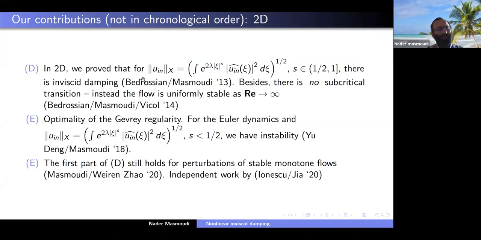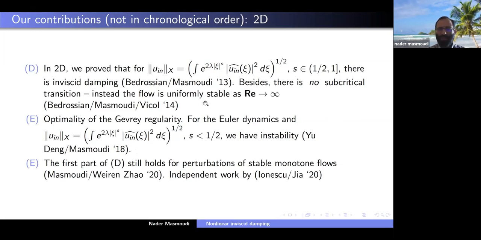When we first started giving talks about this, the questions I was asked I can put in 3 kinds. One of them was what happens in 3D. That's the previous slide. There were a lot of advances on 3D. But then the next question was, do we really need this funny Gevrey regularity? And actually, I have a result with Yu Dang that proves that this regularity is somehow needed, meaning that if we don't put this regularity, we have some kind of instability.